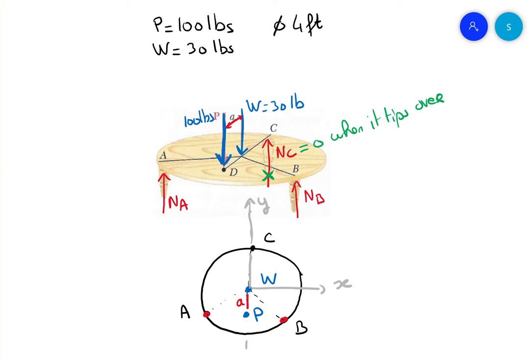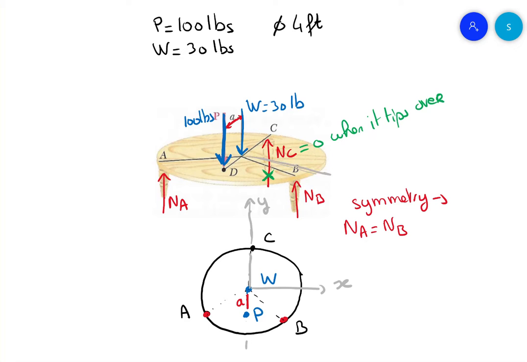So everything is symmetrical, so we know that NA equals NB. You do not have to prove it. If you just make this top view drawing, you can say that by symmetry, NA equals NB.